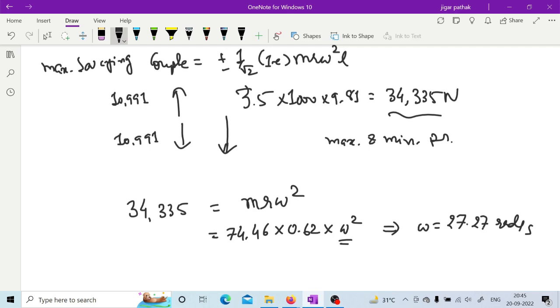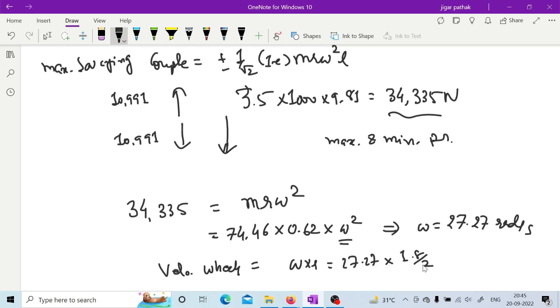Once you have omega, they will also ask the velocity of the wheel. The velocity of the wheel will be given as omega into r. This omega you have already calculated, 27.27, and r is 1800 mm by 2.